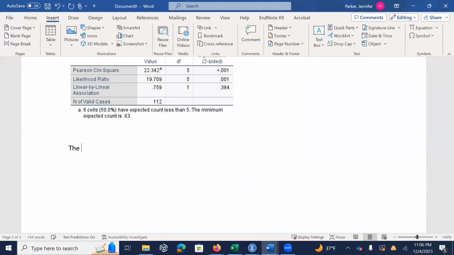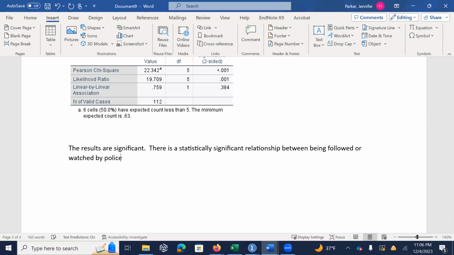So say that the results are significant. There is a statistically significant relationship between being followed or watched by police and social group.